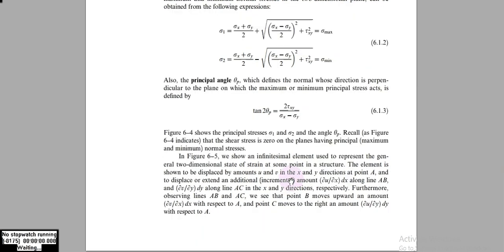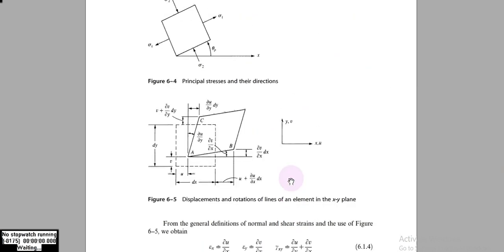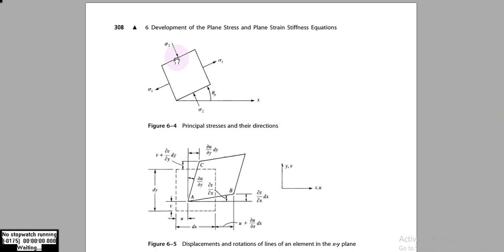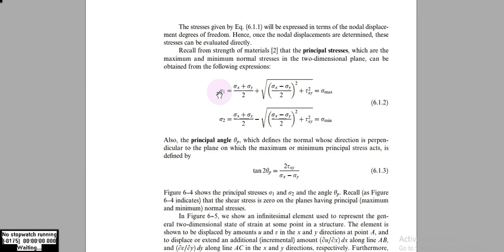We can see in this figure that sigma 2 and sigma 1 are the principal stresses, and the angle between the face of sigma 1 and the horizontal is called the principal angle.